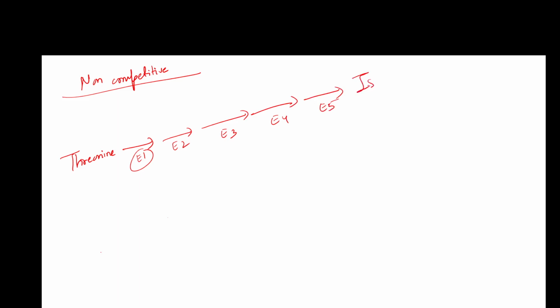It forms isoleucine. It is an example of feedback inhibition.